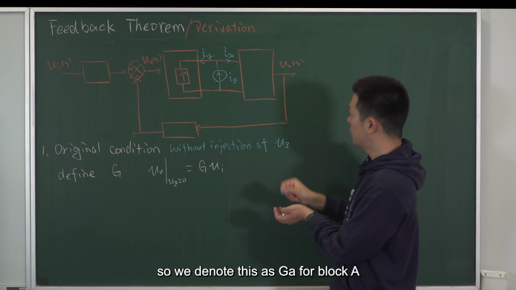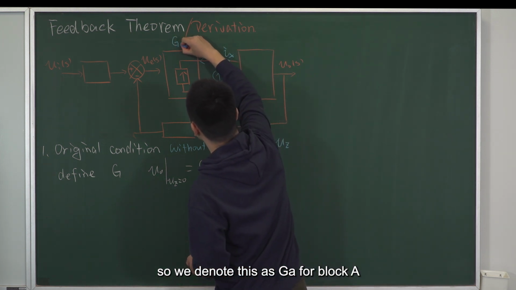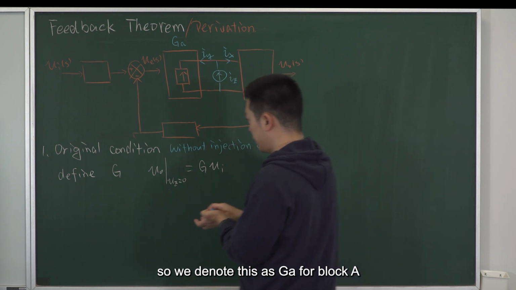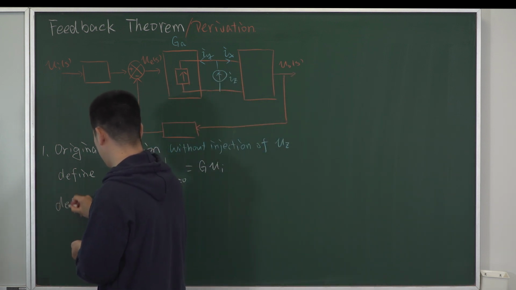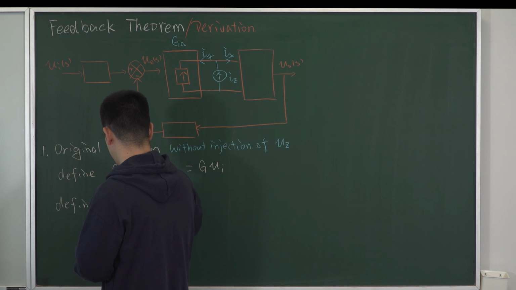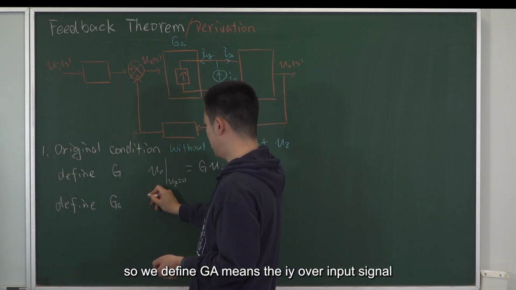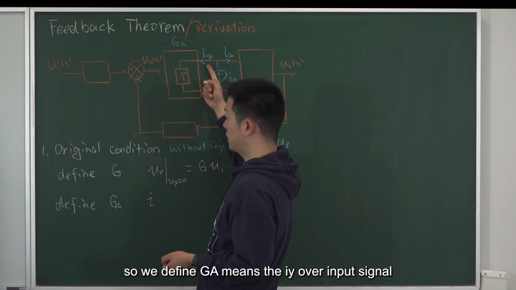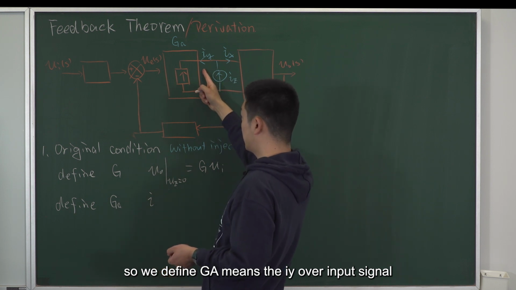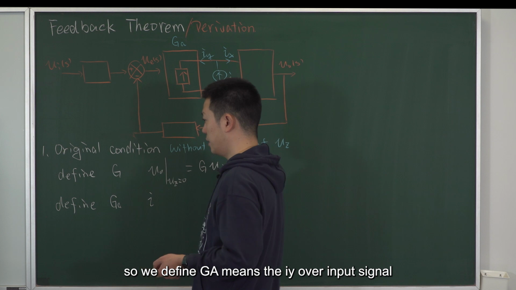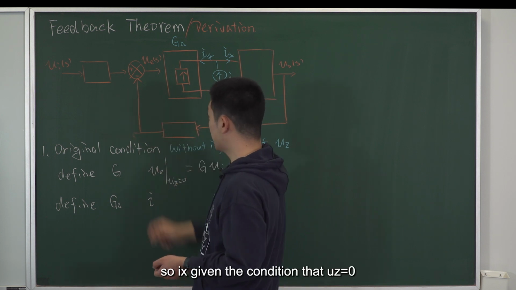So we denote this as GA, for block A. We define GA as IY over UE, or over the input signal.